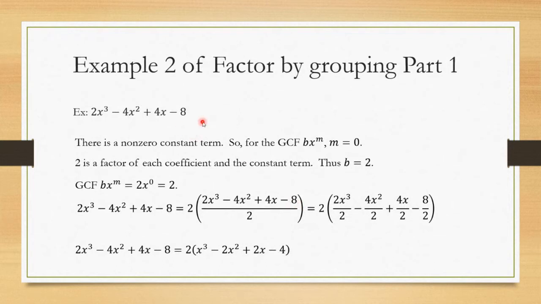So here's another one. Again, this has 4 terms, so because of that, you really want to try factor by grouping. So 4 terms, factor by grouping. And again, what you really want to do in the beginning is try and find the GCF of the entire polynomial.